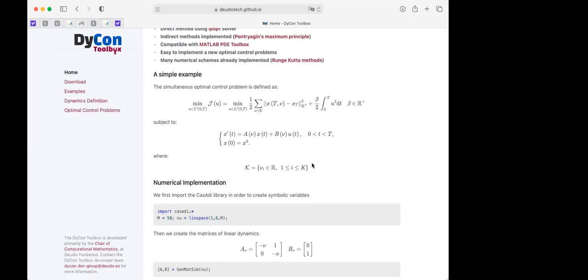The control lives in a set with a given number of constraints. And then the question is, how do you minimize a cost given this multi-criteria optimization problem, in which you are not only considering the dynamical system for a given value of the parameter mu, but for parameters on a given range? And this becomes then a multi-criteria optimization problem.